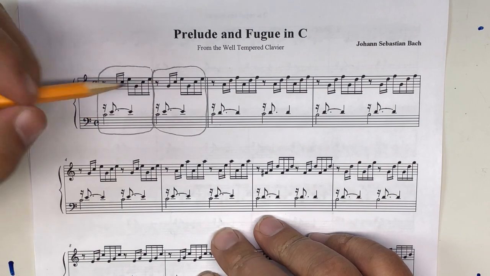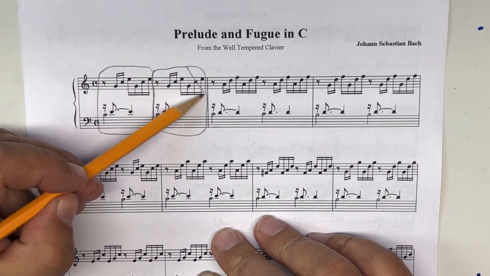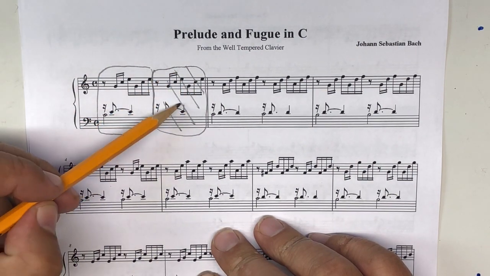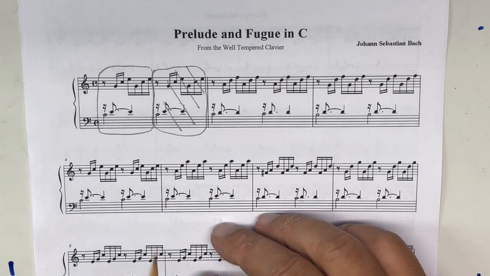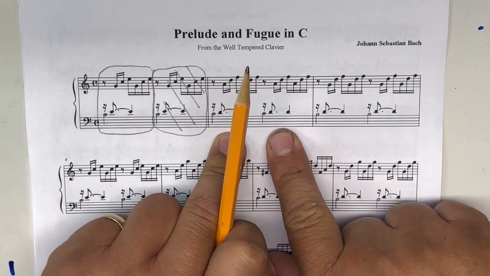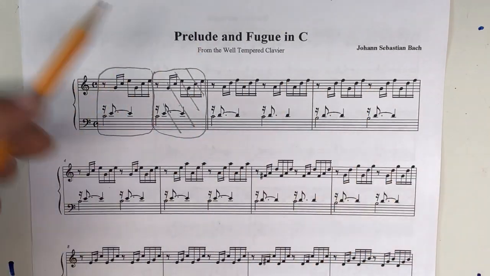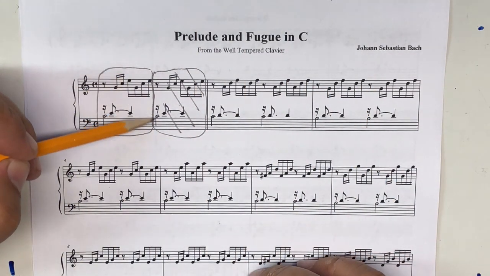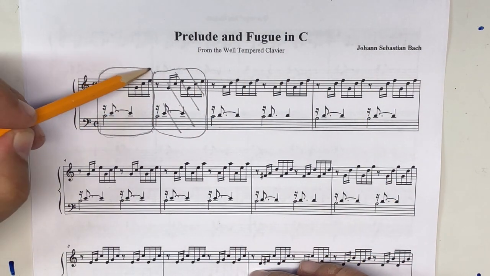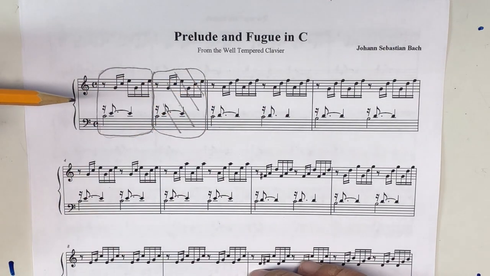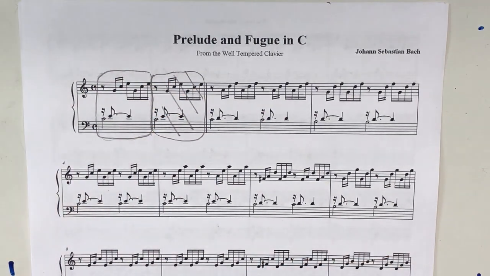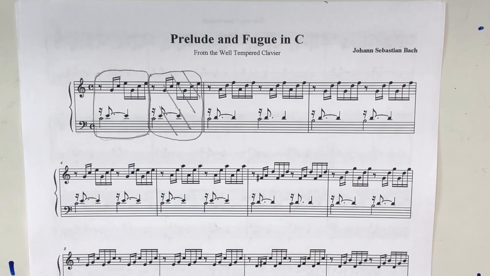So what that means is we can ignore that because it's just a duplication of this. And that'll be true for this measure and this measure, it's the same, and this measure and this measure. So really, all you're looking at is the first 2 beats worth of notes in every measure, and they spell a chord.